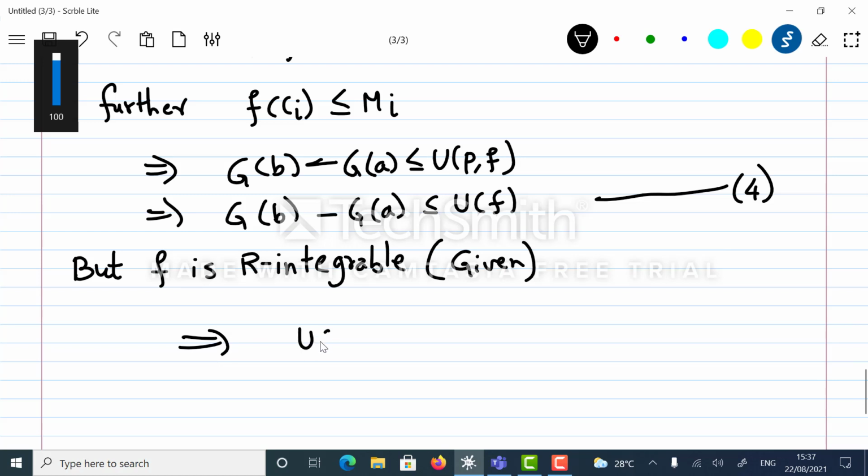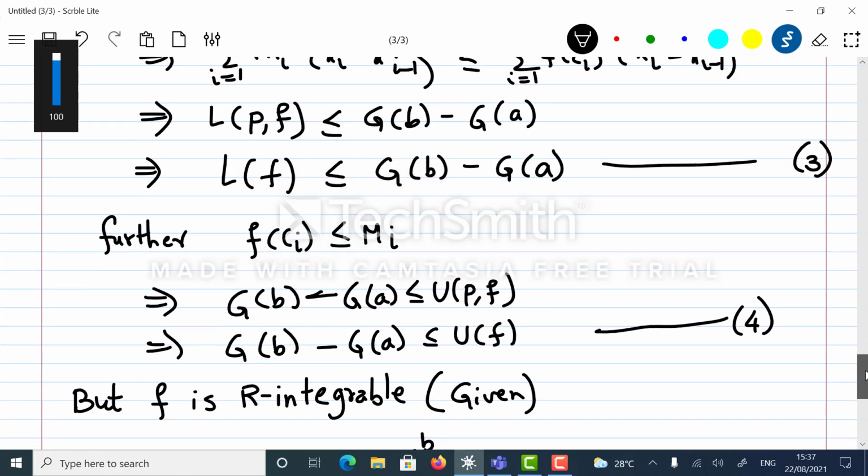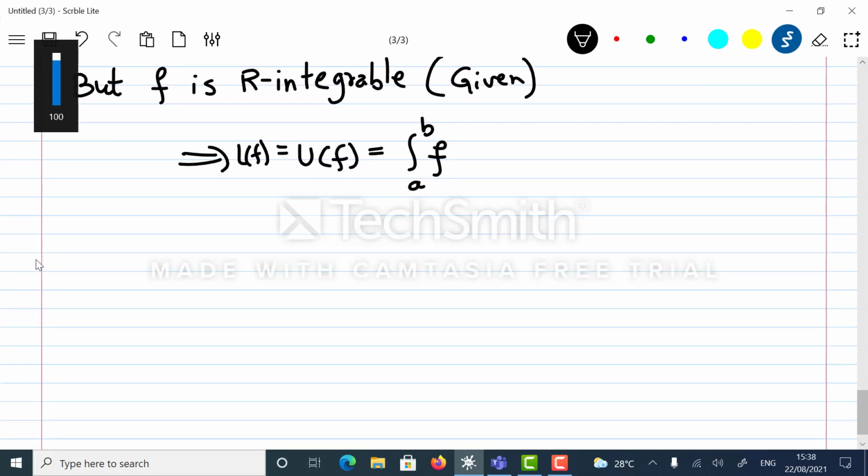This only implies that U(f) and L(f) are the same, and that is the same as the integral a to b of f. So from 3 and 4 you can say that U(f) and L(f) are the same.